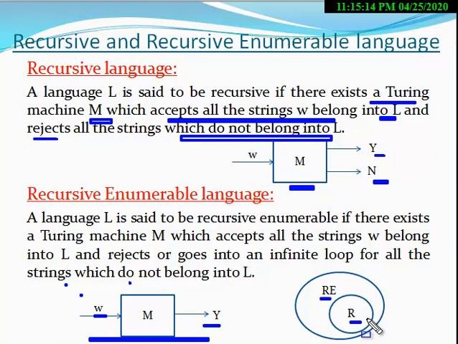In the reverse direction, if the language is recursive, then it will always be recursive enumerable. Clear? So this is the relationship between the set of recursive languages and the set of recursive enumerable languages. Okay? So these are the recursive language and recursive enumerable language.